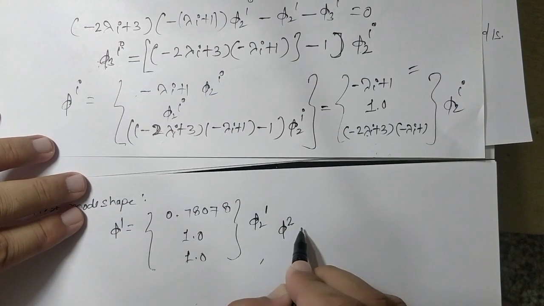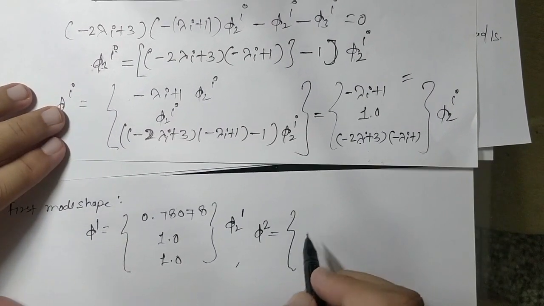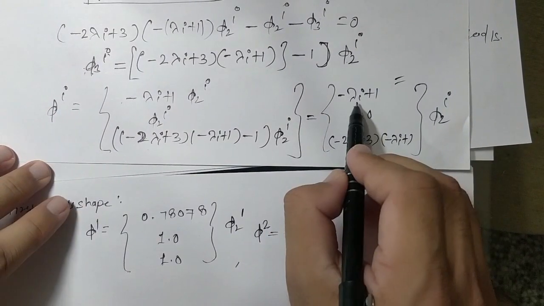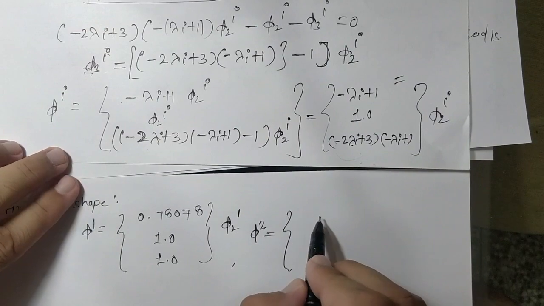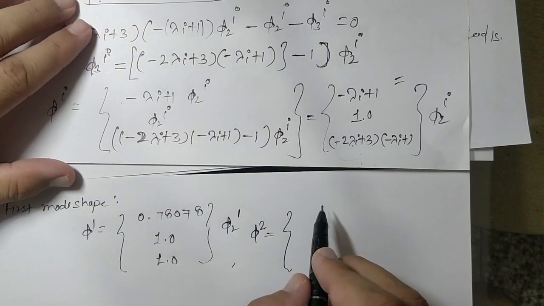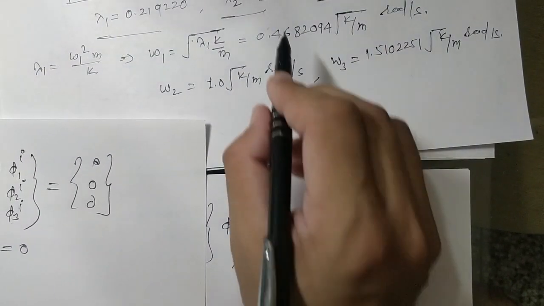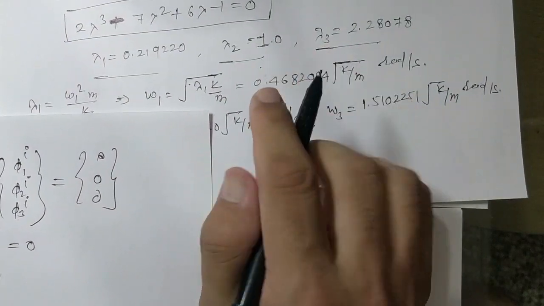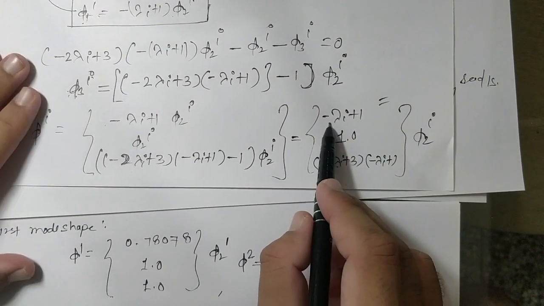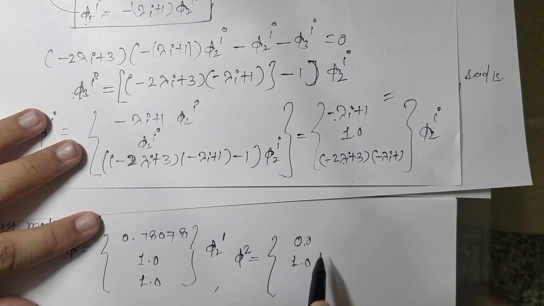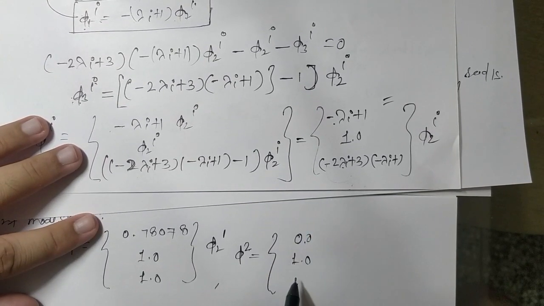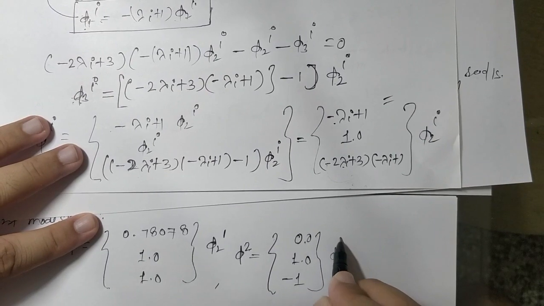Similarly, phi 2, the second mode shape, I'll write down directly. If we put the value of lambda 2 in this, then we'll have the value of lambda 2 is plus 1 here. So plus 1 minus 1, this becomes 0, this becomes 1, and this becomes minus 1, multiplied by phi 2 2.